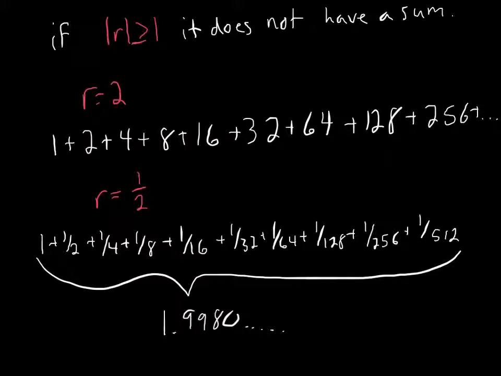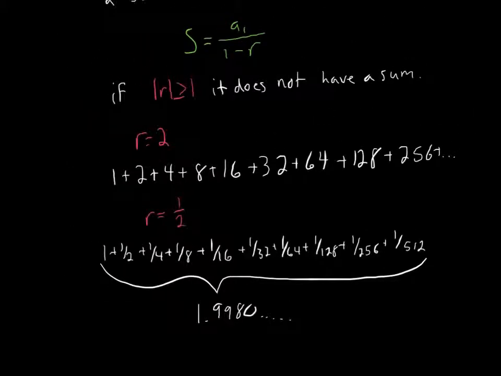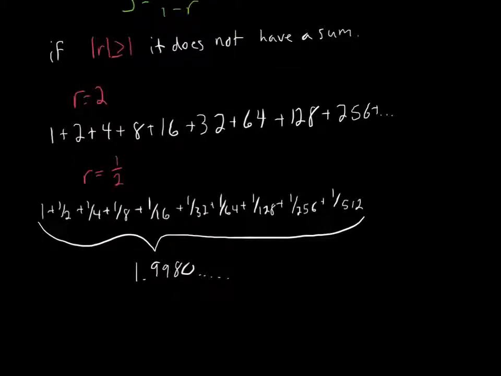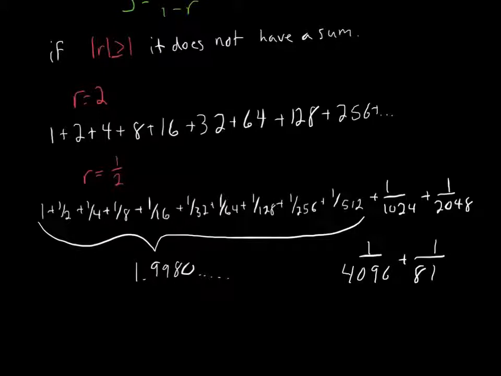Now if we kept adding, the next terms would be something really small. So it would be 1 over 1024, 1 over 2048, 1 over 4096, 1 over 8192.